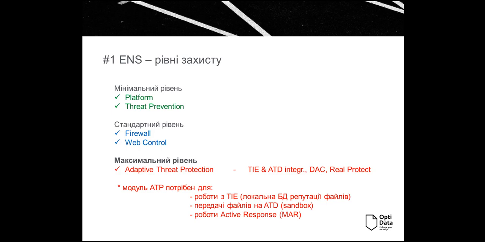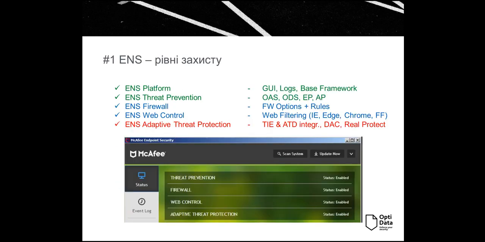And ATP, you definitely need it on the endpoints in case you want to deploy Active Response, because McAfee Active Response, or MAR, depends on ATP on the endpoint level. So again, ENS consists of 5 different parts. Green is minimal, which is basic. Blue is optional, and red is the maximum protection and more capabilities.